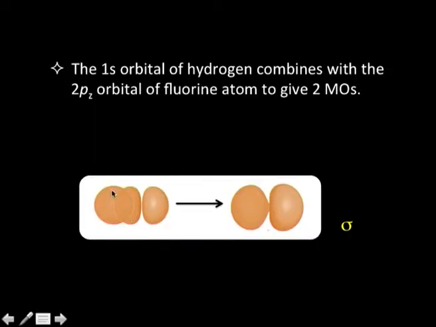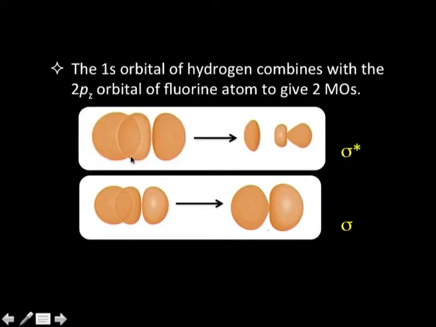Going further, this is the 1s orbital of hydrogen atom which is spherically symmetrical, and this is the 2pz of our fluorine atom. The two will combine constructively to give rise to a sigma molecular orbital, which is a bonding molecular orbital. The second interaction possible is this minus this, a destructive interaction.